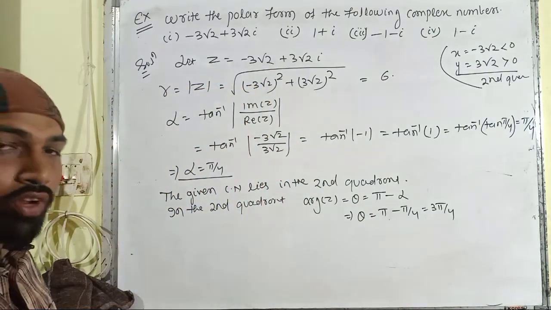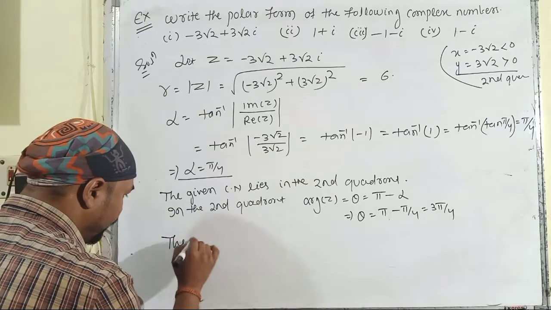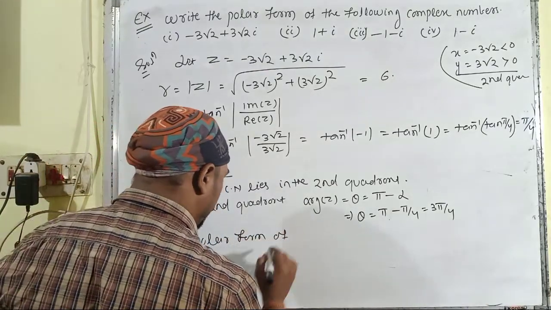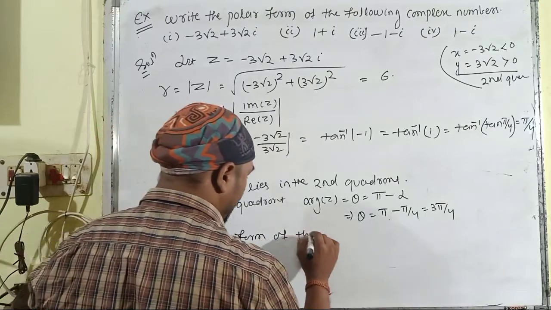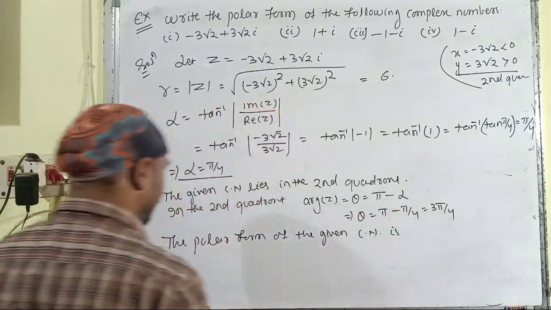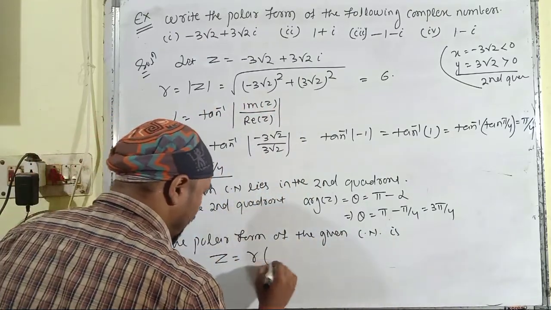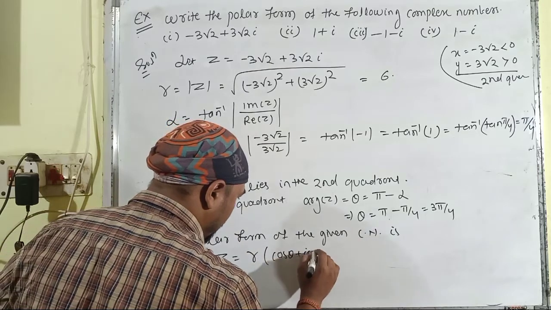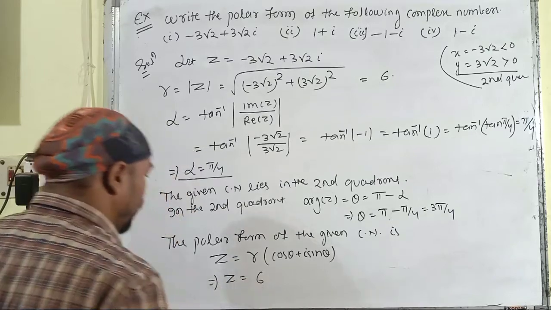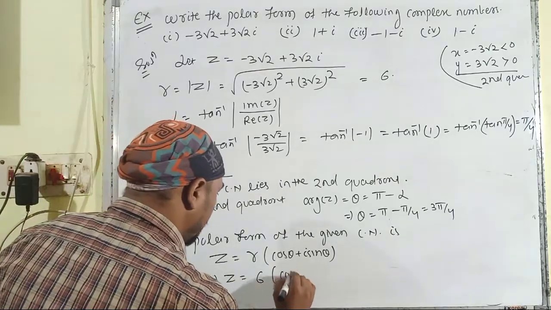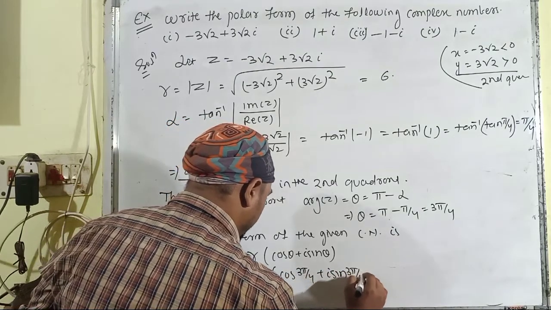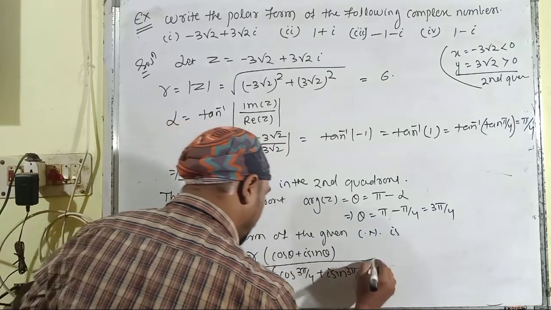Then we have to find out the polar form. The polar form of the given complex number is z is equal to r cos theta plus i sin theta, that is equal to z is equal to 6 multiplied with cos 3 pi by 4 plus i sin 3 pi by 4.